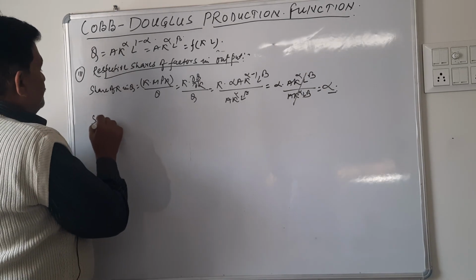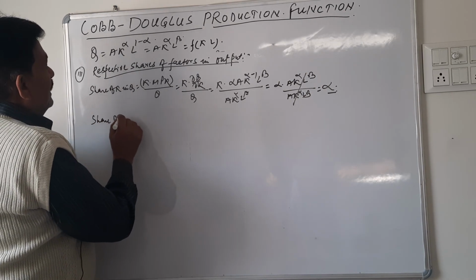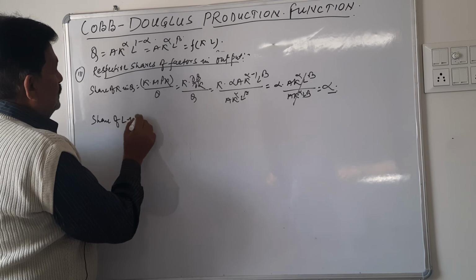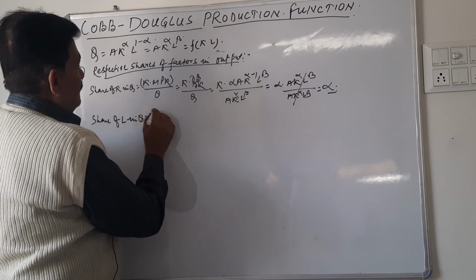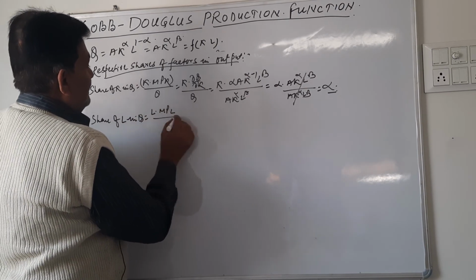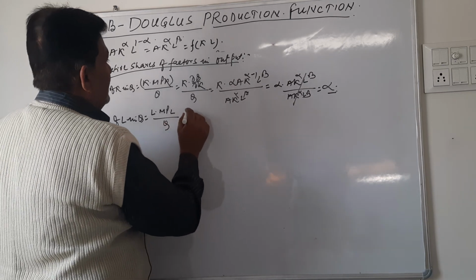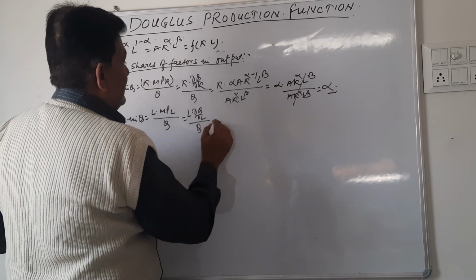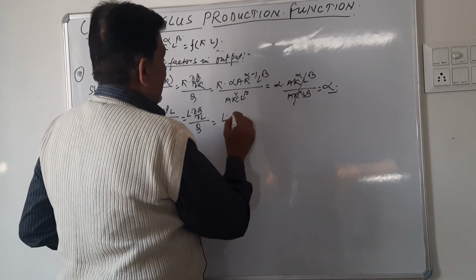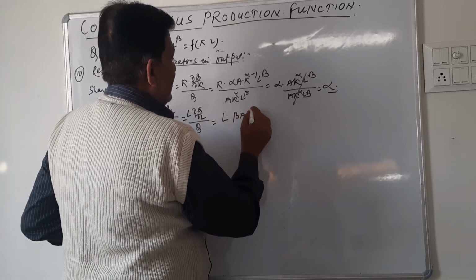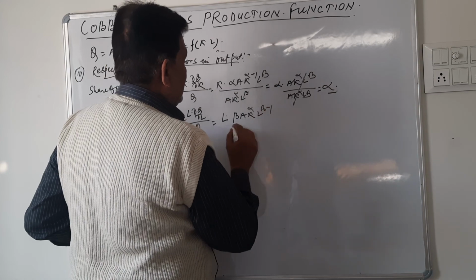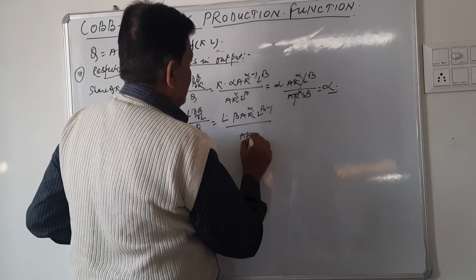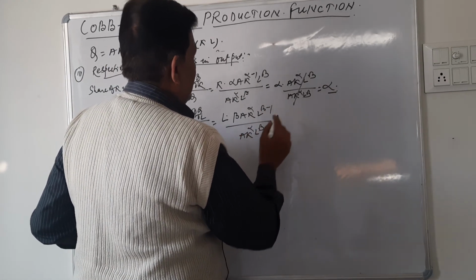Now the share of L in Q, that is total payment to labor divided by total output. So L into delta Q by delta L by Q. So L beta A K to the power alpha L to the power beta minus 1 divided by A K to the power alpha L to the power beta.